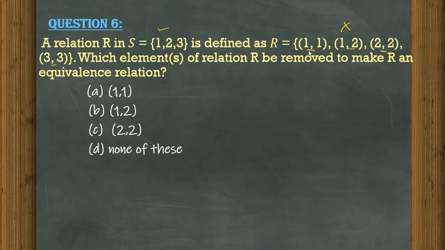In transitive also, if (1,1) and (1,2) is present, then again (1,2) is present, so it is transitive. No issues, but it cannot be symmetric. So we have to remove (1,2) to make the relation an equivalence relation.